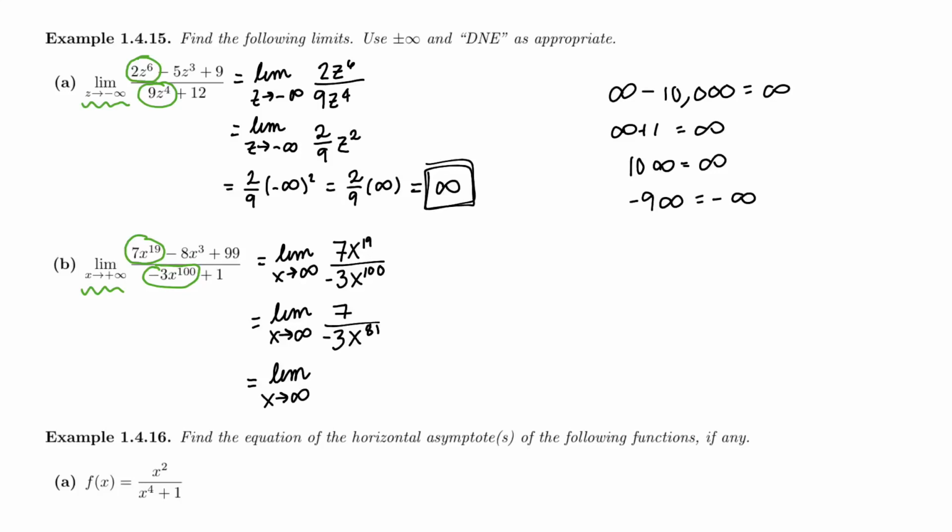Oops. Now I can plug in. I don't need to write limit anymore. So now I have 7 over negative 3 times infinity raised to the 81, which even though that's a crazy big number, is still the same thing as negative 3 times infinity, which would be negative infinity on the bottom, which would give me 0. So 7 over negative infinity would give me 0.